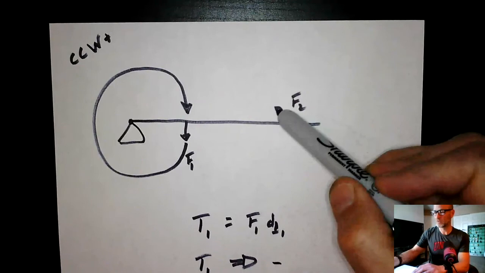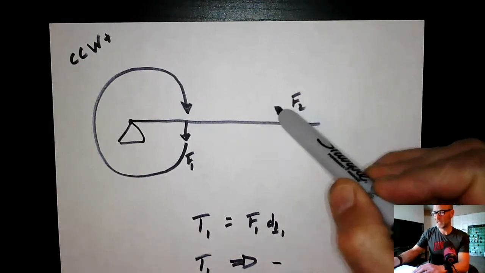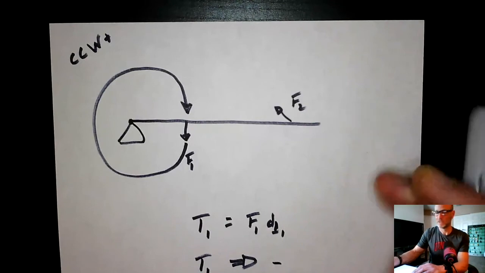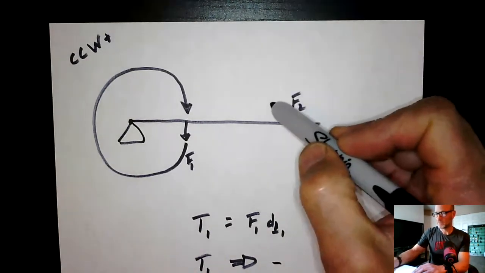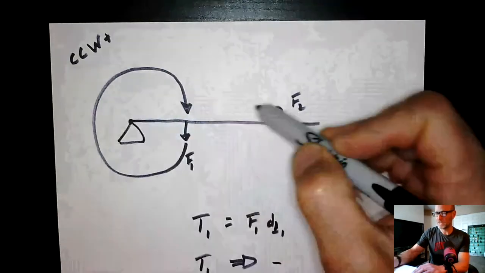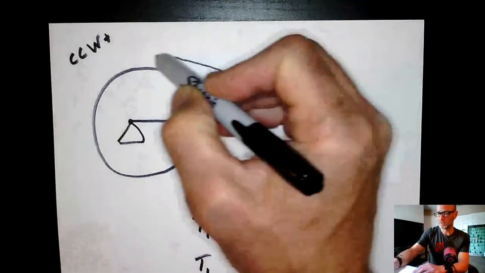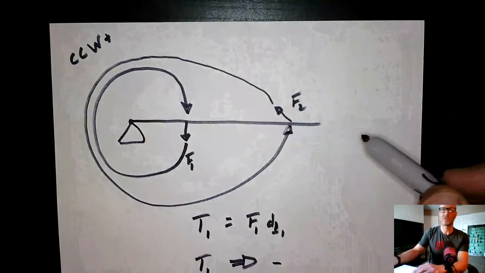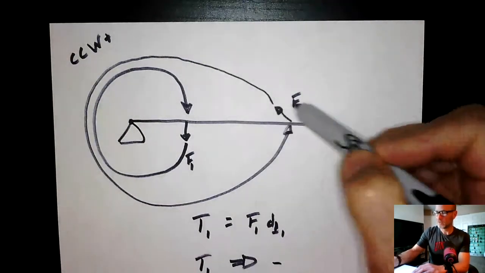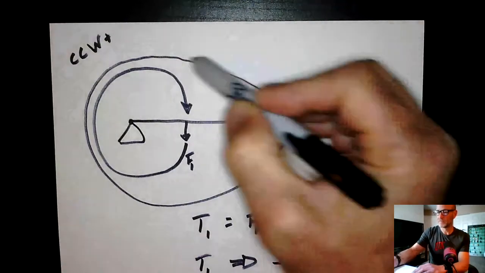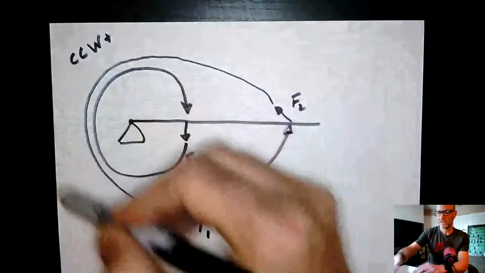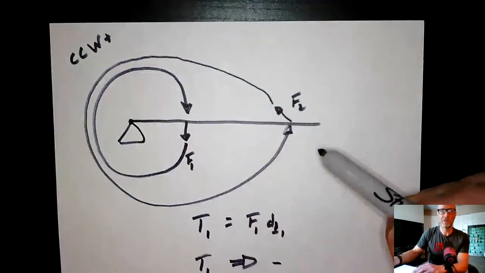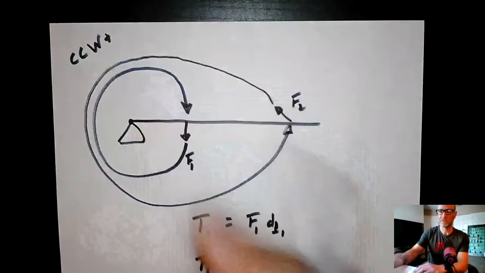So now we'll do the same thing here. If F2 were the only force acting on the object, I have to determine the tendency to cause rotation, what direction that would happen. I start at the tip of the force vector. I have to go around the axis of rotation. I'll draw something like that. Not a great circle, but close enough. If this were the only force acting on this lever, I'd rotate the lever in this direction, which is counterclockwise, which is going to be a positive torque given this reference frame.